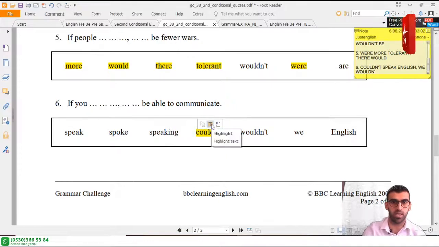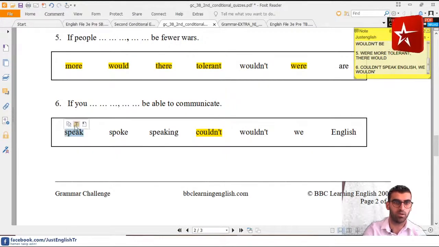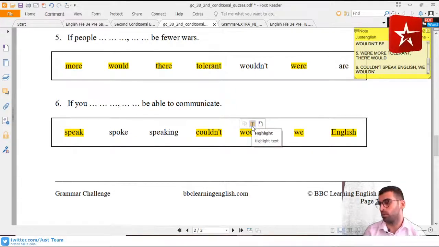If you couldn't speak, because we have a past simple form of could, and we have to use the first form of the verb. If you couldn't speak English, we have to use the main clause, subject, and wouldn't, negative, because of the meaning of the sentence. We wouldn't be able to communicate.